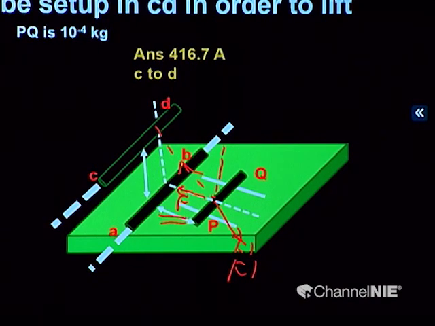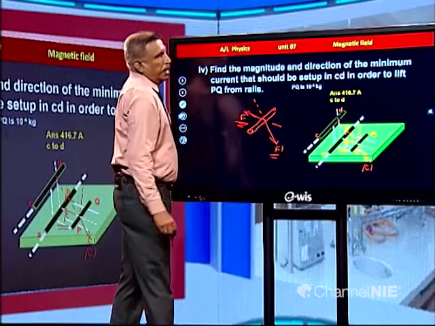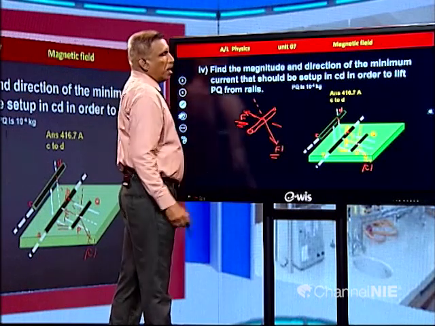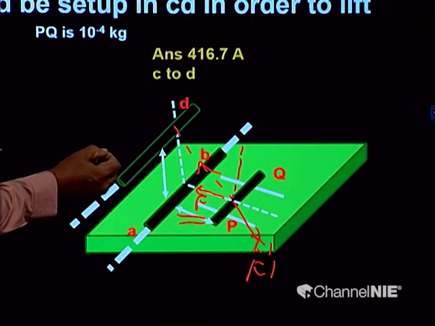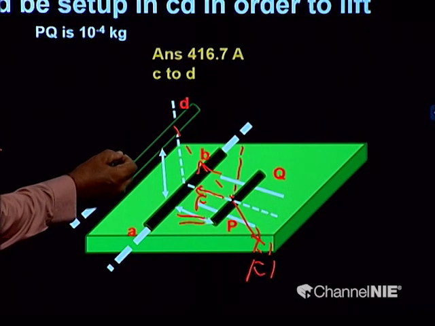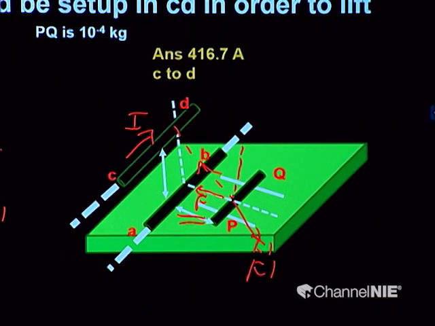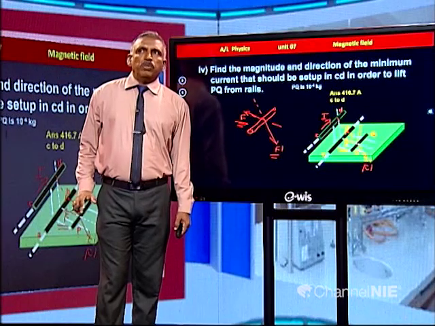So if we want to change this force, we have to change the current in CD. Earlier the current is passed from D to C. So now we pass the current from C to D. If we pass the current I, that is the minimum current, from C to D, that will change the direction of force F dash.